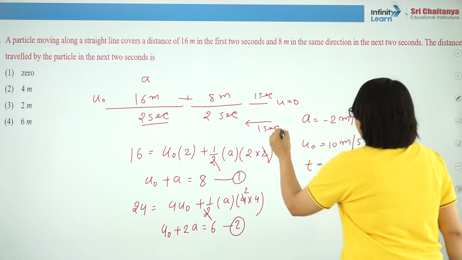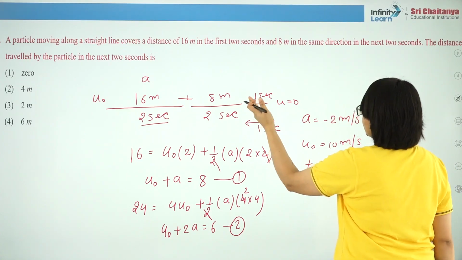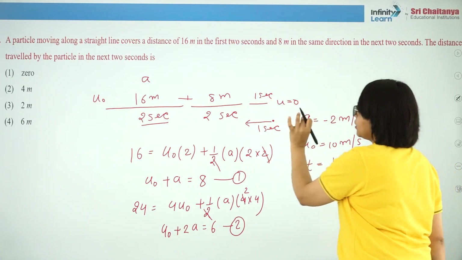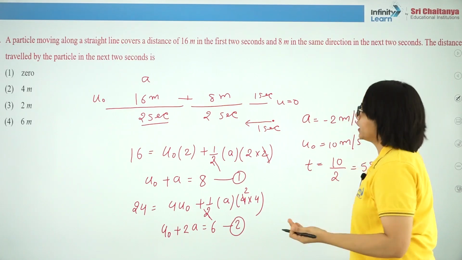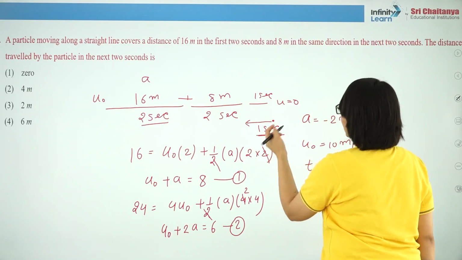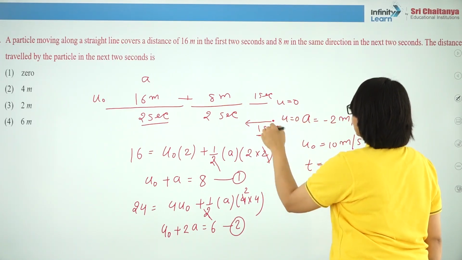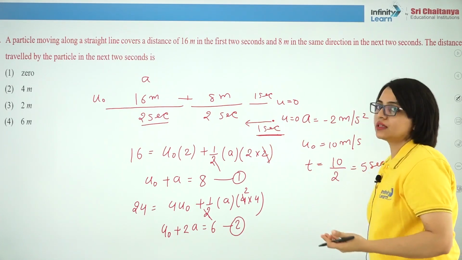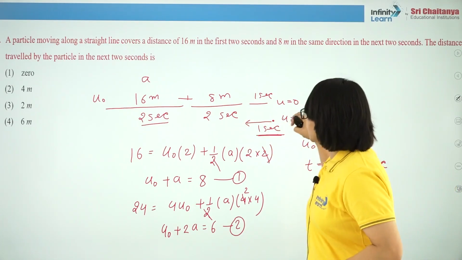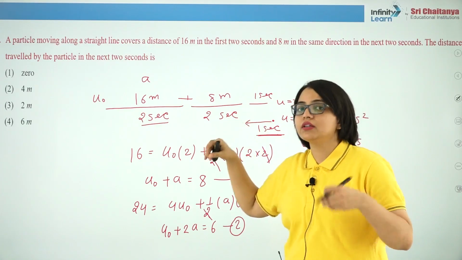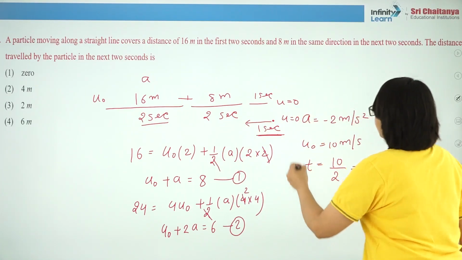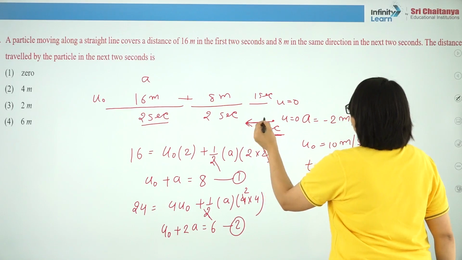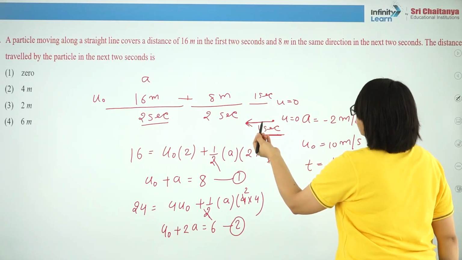Now, see, for this also, this is 1 second in forward direction and this is 1 second in backward direction. So, for 1 second in backward direction, initial velocity is 0, acceleration will be now 2 meter per second square because it is moving in the direction, its velocity will be in the direction of acceleration, right. So, for this backward journey, let us find the distance covered by the particle in 1 second.